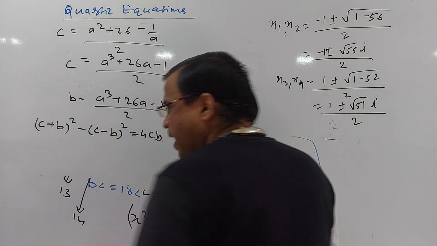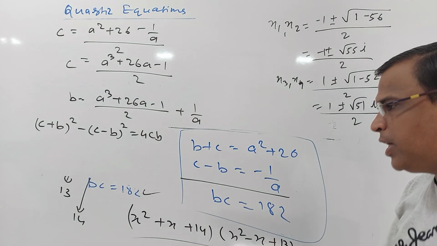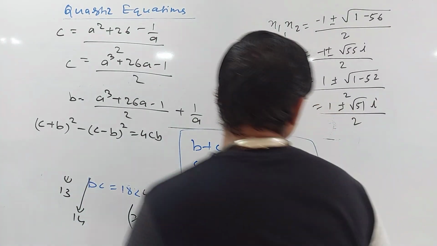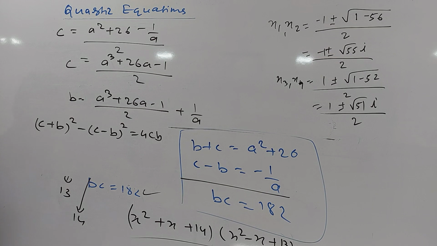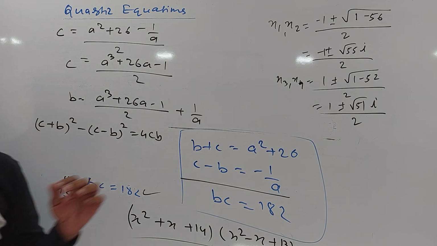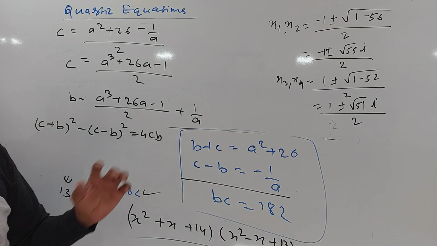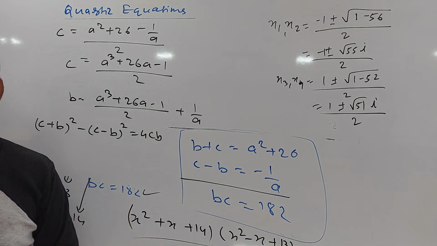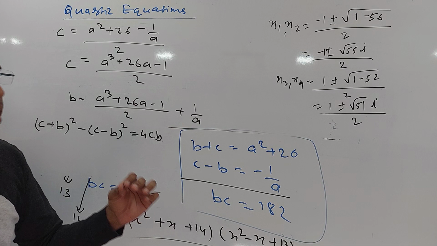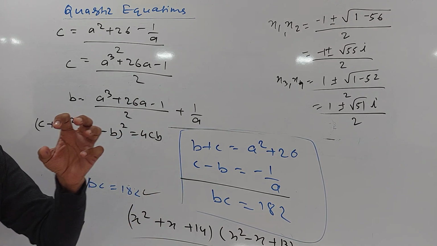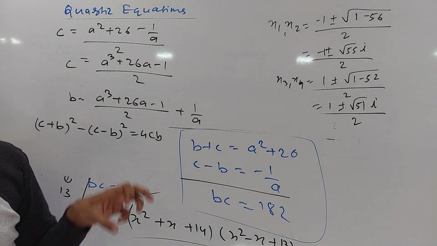But yes, I will always prefer this approach, like 13, 14 and 1. Hope this is fine. In the next video we will see one more quartic equation, and I will try to solve that using 3 approaches. My idea here is to take different approaches, so that you can understand in how many ways one question can be solved, and that too you will understand which is the easier one.